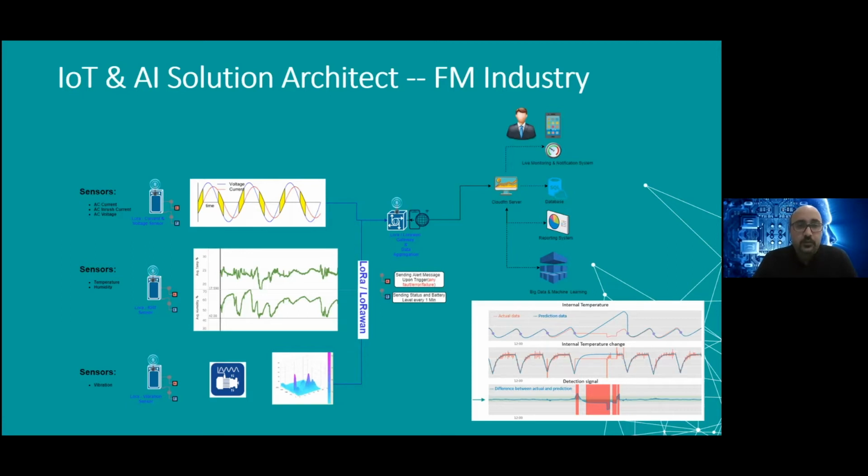For example, in this project we're collecting data on power consumption, temperature and humidity on each asset, and vibration level for machines with a motor or mechanical parts. All this information is transferred through the wireless sensor network, using LoRa technology, to the gateway, and from the gateway it is pushed to the web.